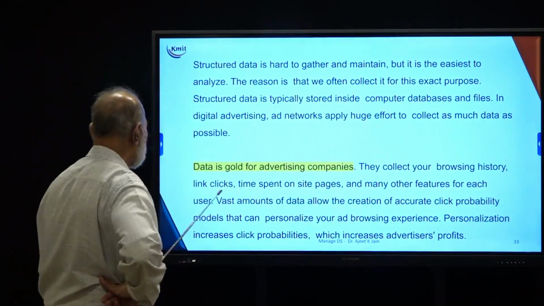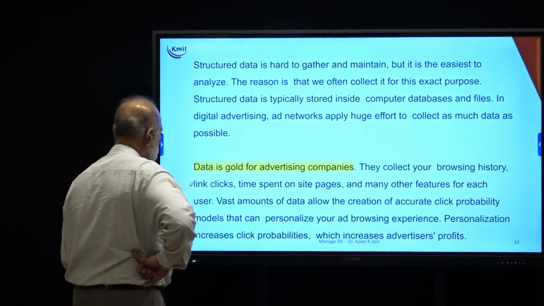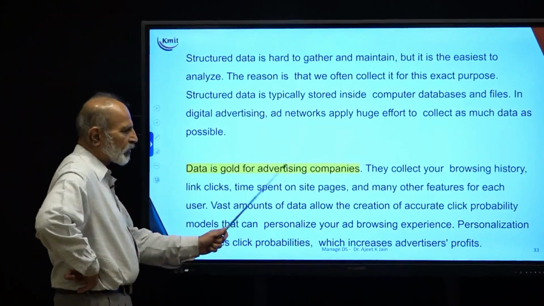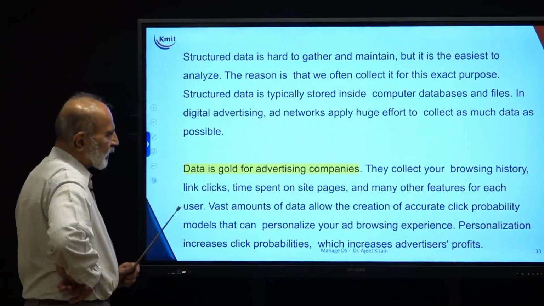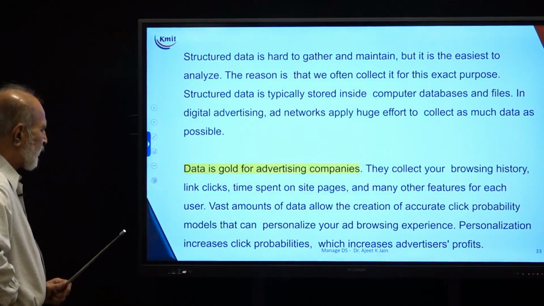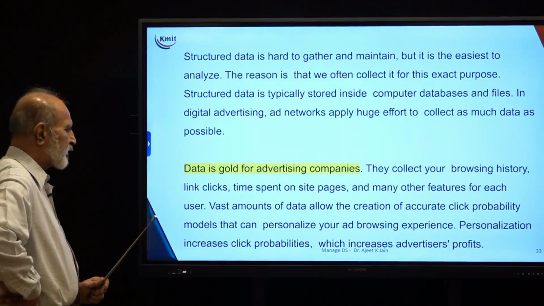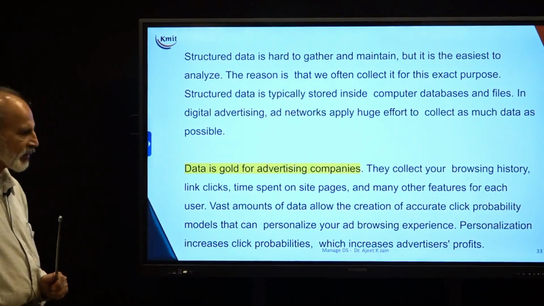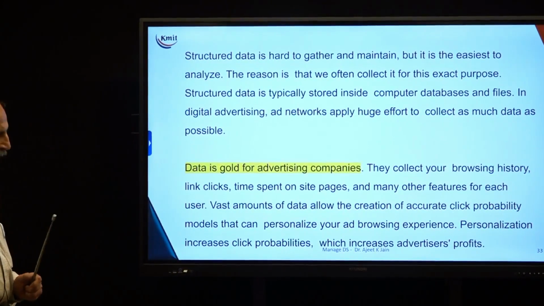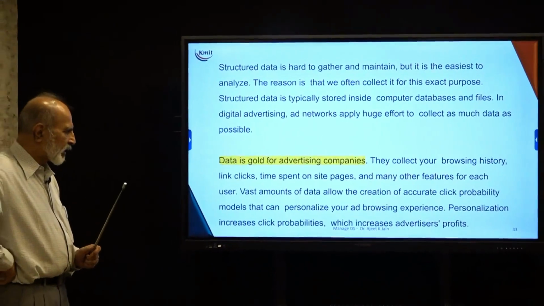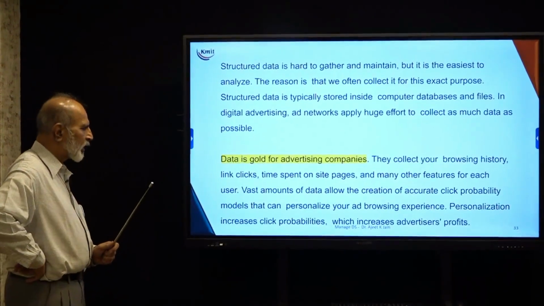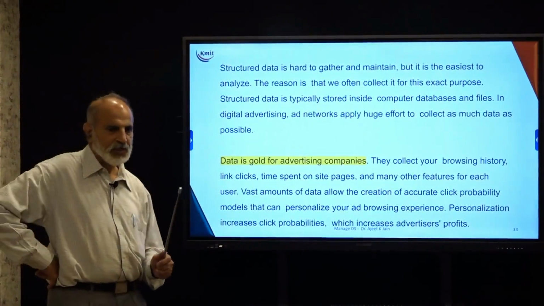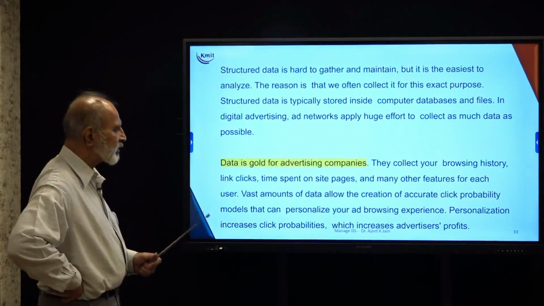Okay, so those kinds of advertisements are very good, and that's what we say, that data is good for an advertisement company. They collect browsing history, link clicks, time spent on the site pages, and many other features of the user. So whenever I am trying to collect unstructured data at an advertisement agency, and actually how much time I click on something, or how much time I spend viewing the browsing history.